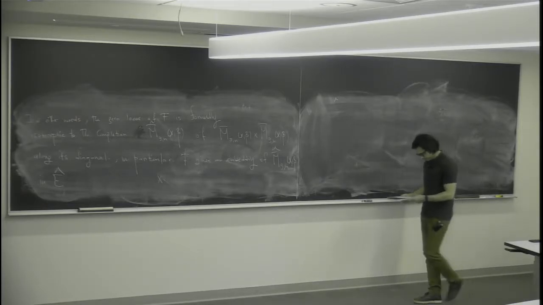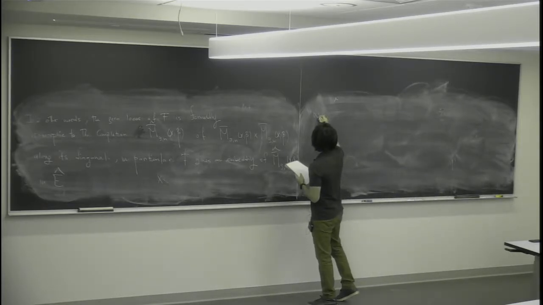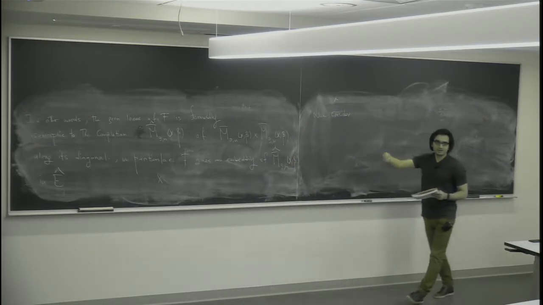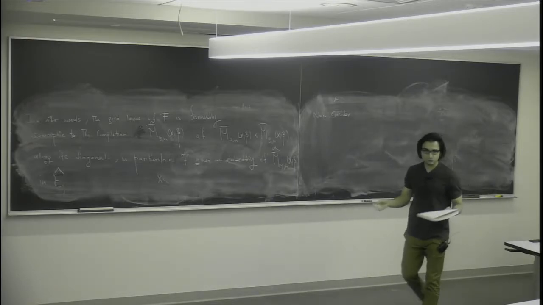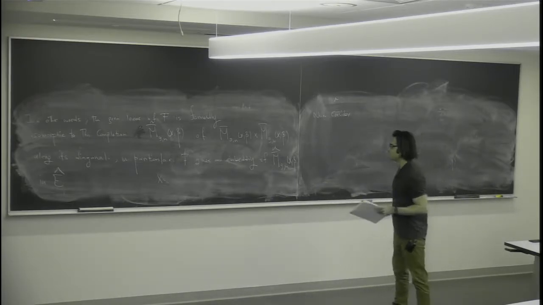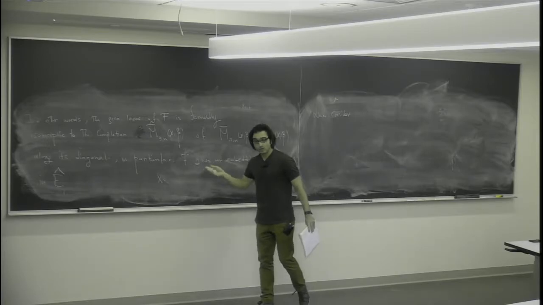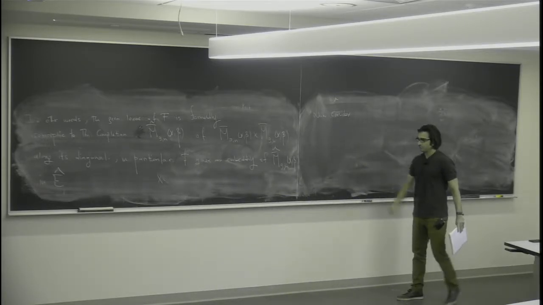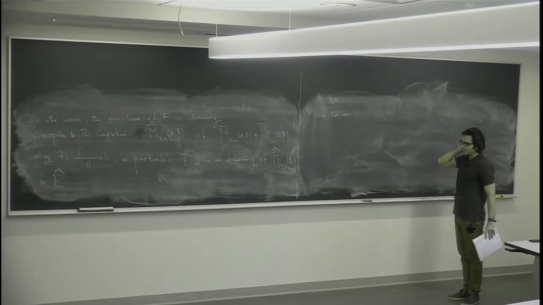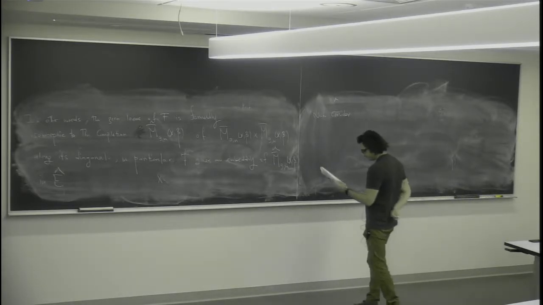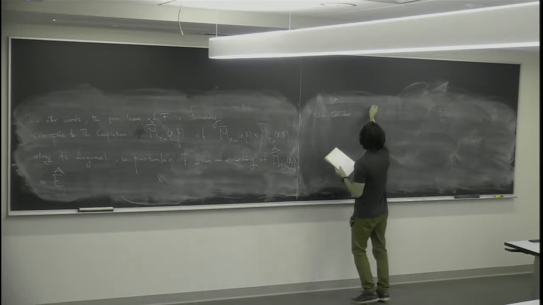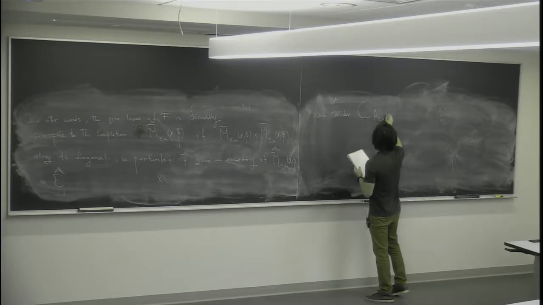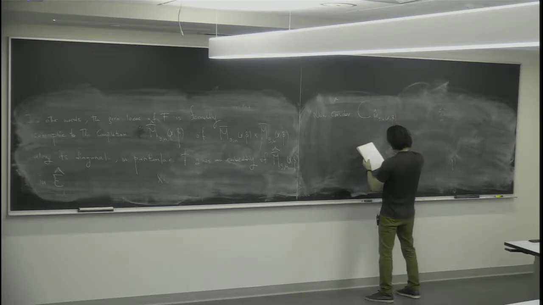And in fact, the intrinsic normal cone, or the virtual normal cone, is the restriction of this cone to M bar_g(X, β). What is going on?